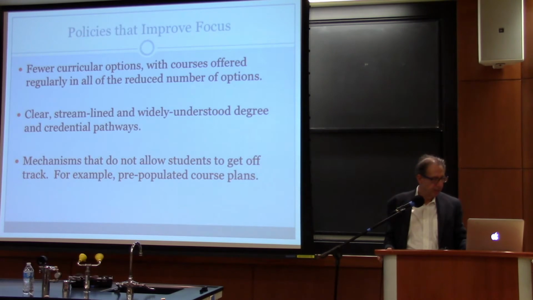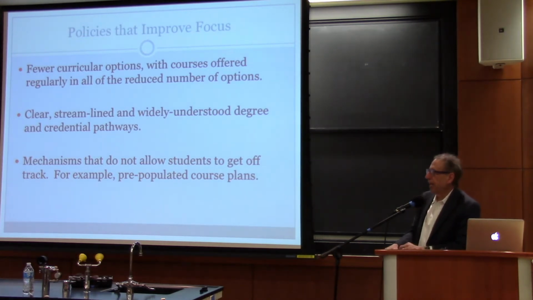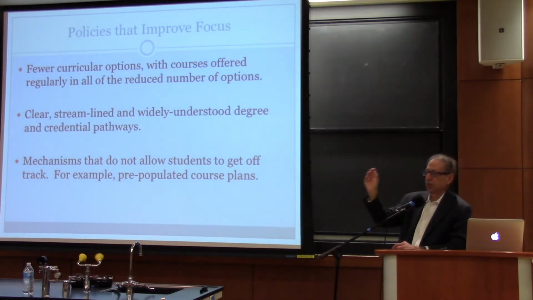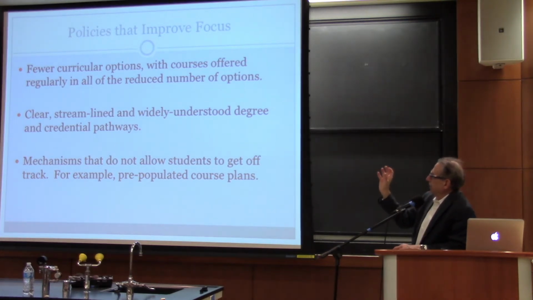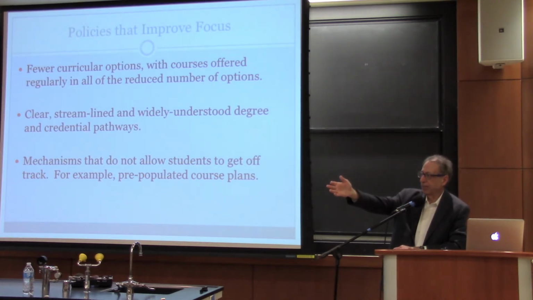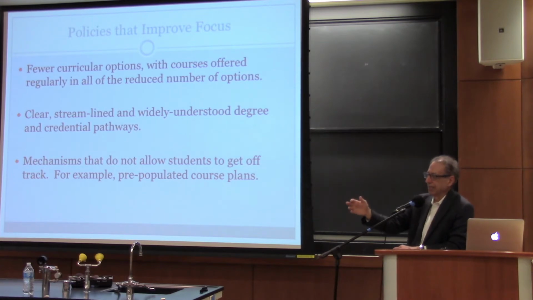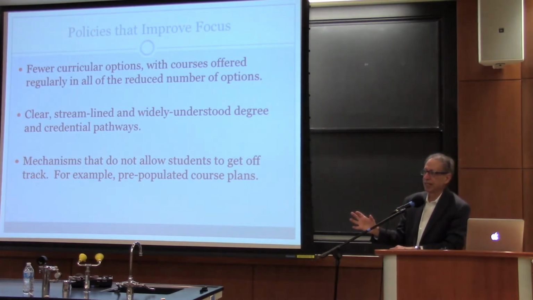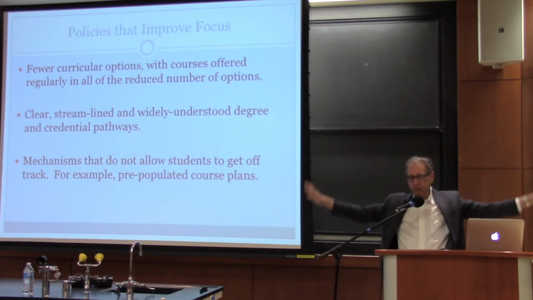So focus. Many people have advocated trying to focus community colleges a little more tightly around a certain number of curricula and maybe fewer curricular options, making sure the courses are offered regularly so you don't have that experience of having to travel 45 minutes to get the class you need, have streamlined and well understood degree and credential pathways, and don't have a million of them.